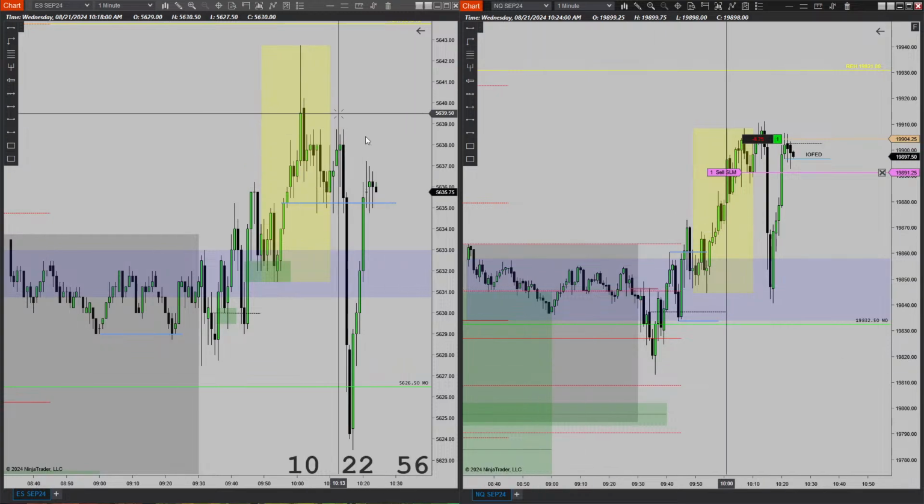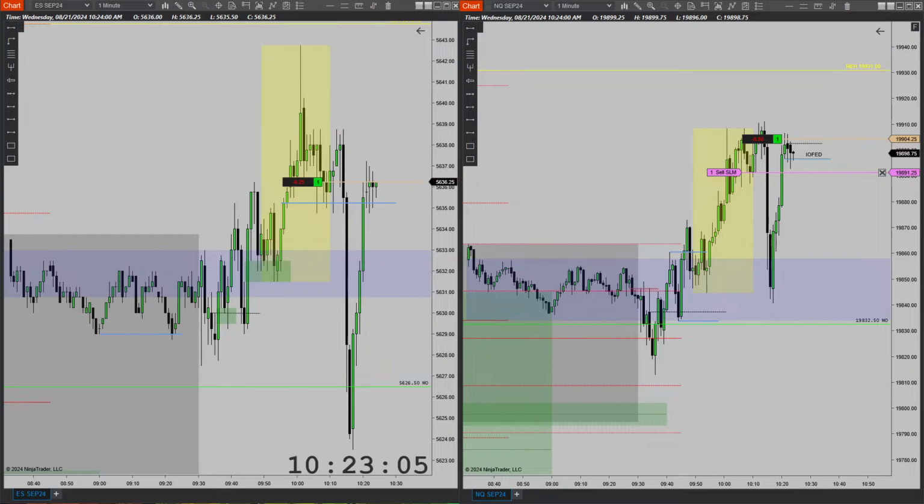Actually, this is the better entry because this one has lower lows. All right, in the center there.